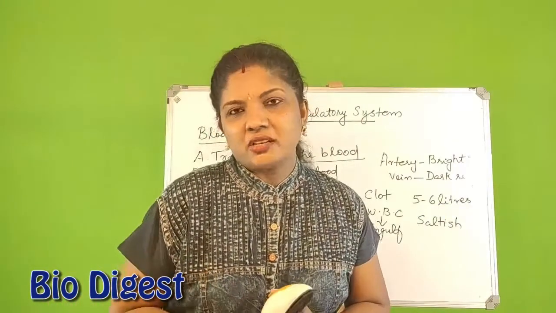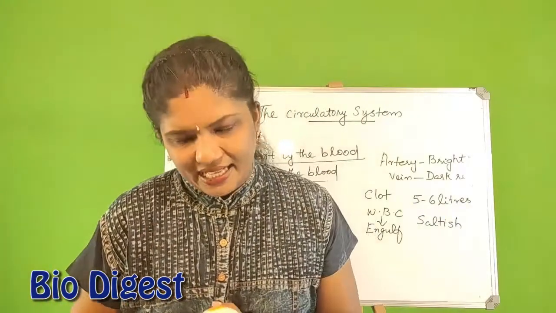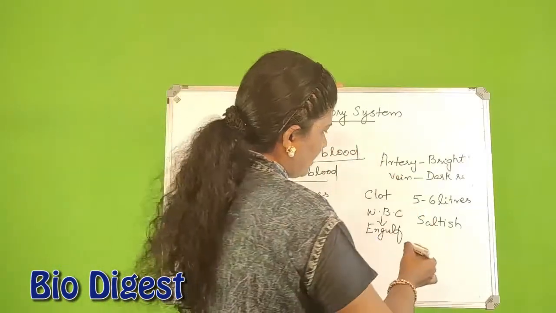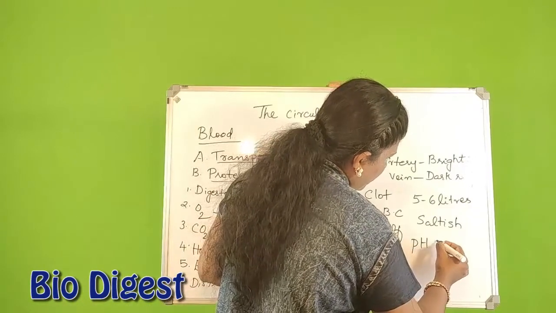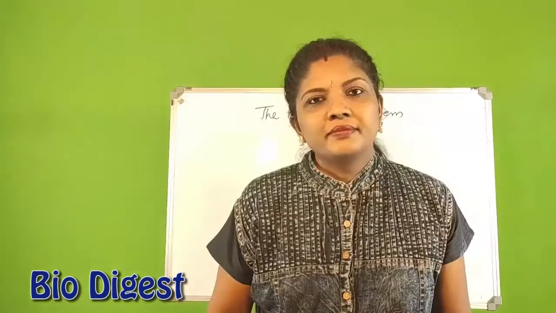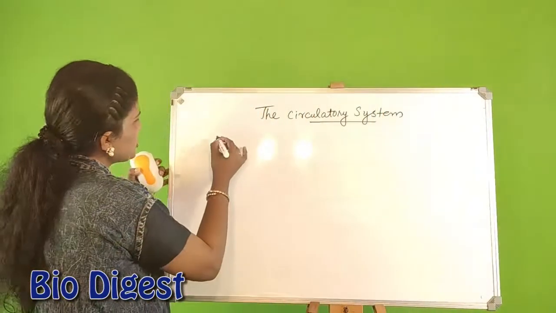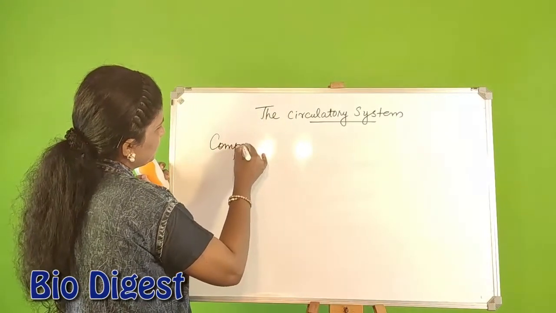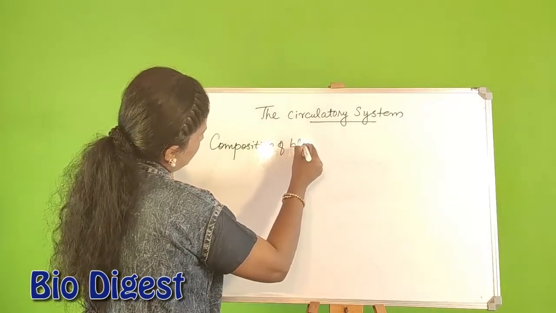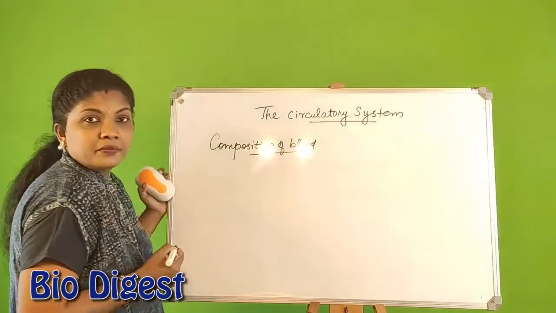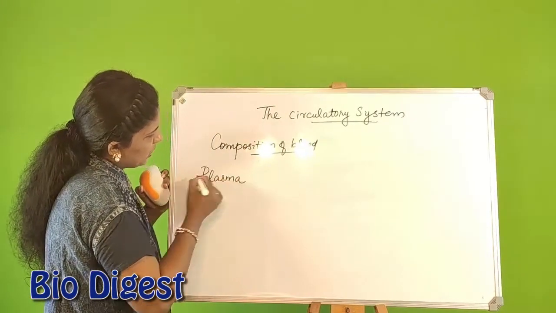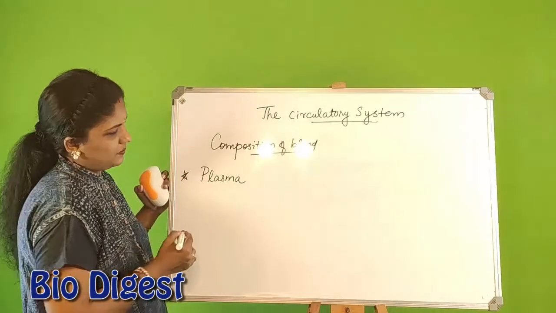What about the nature, whether it is acidic, basic or alkaline? The blood is slightly alkaline with a pH of 7.3 to 7.45. Now let us discuss the composition of blood. Blood consists of a liquid part which is called plasma.